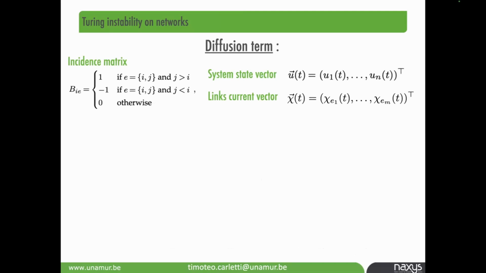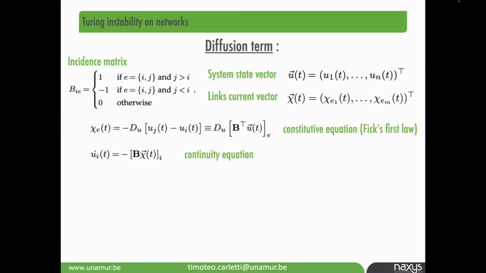Then if you define the vector u as the state vector, so each component tells you the amount of u in node i, and you define the vector of currents, where you have as many components as there are links in your network, then you can use Fick's law to say that the quantity in the link e is given by the difference of the quantity in nodes i and j at the ends of the link. If you use the matrix B, you can write it in this way. Well, this is just the first Fick's law. And the second law is the continuity equation. So this is the Kirchhoff law, if you want.